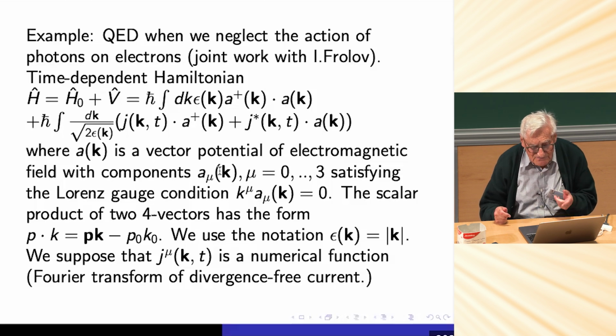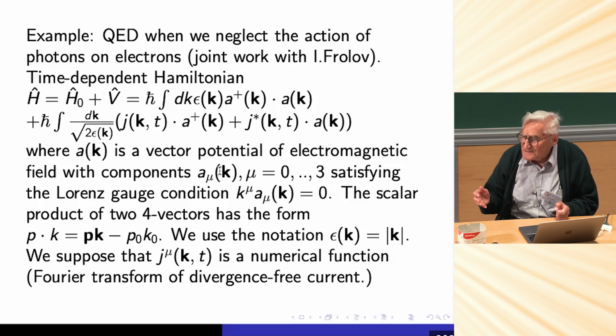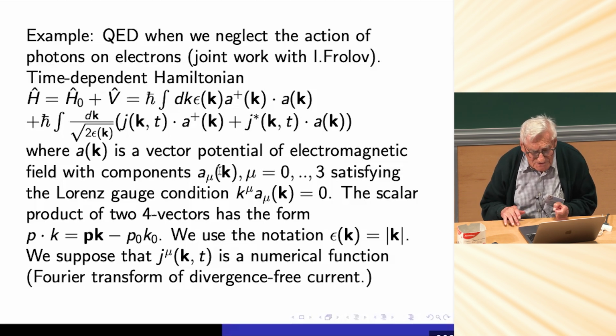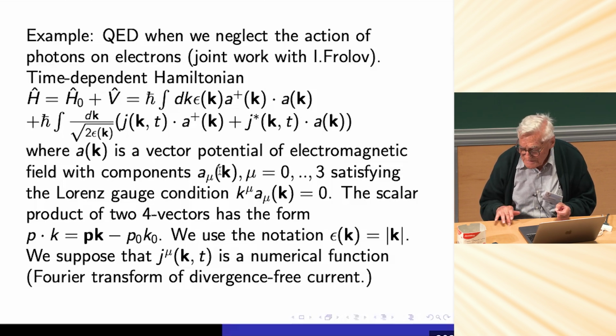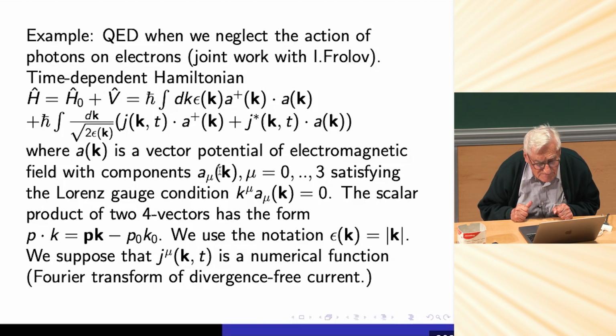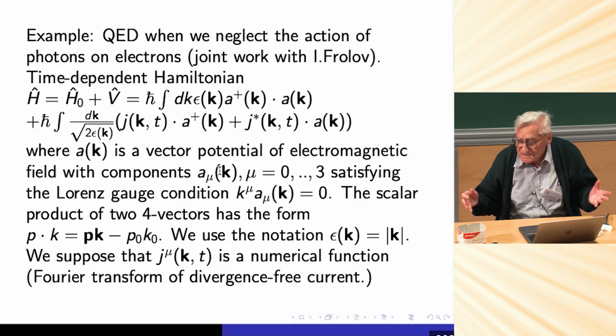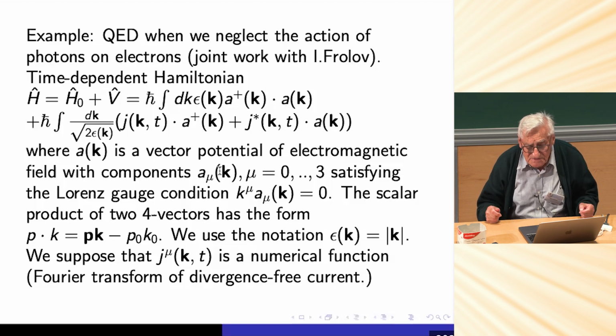This is the standard formula for interaction. But usually J is considered as psi bar gamma mu psi, which is an operator. But because I neglect the action of photons on electrons, I consider this J simply as a numerical function.